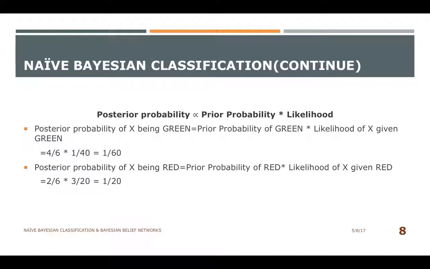To get the posterior probability, we multiply the prior probability and the likelihood. So the posterior probability of X being green is 1 by 60, and the posterior probability of X being red is 1 by 20. So we see now that X is a red element.